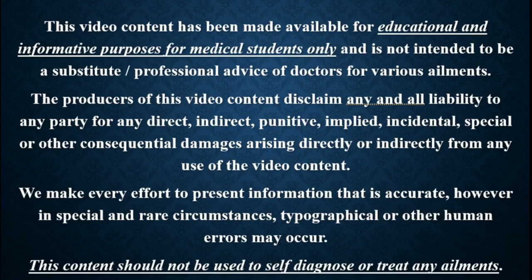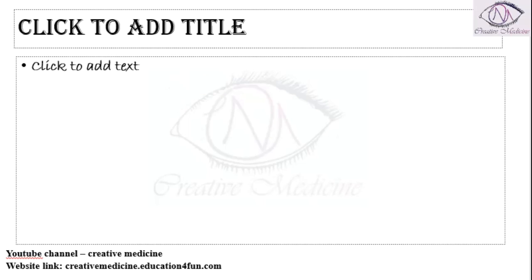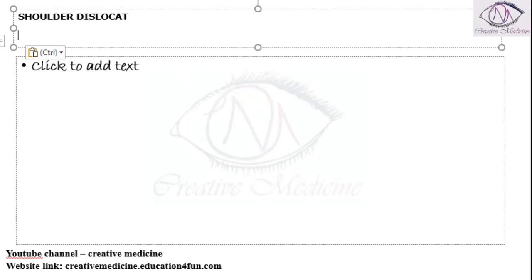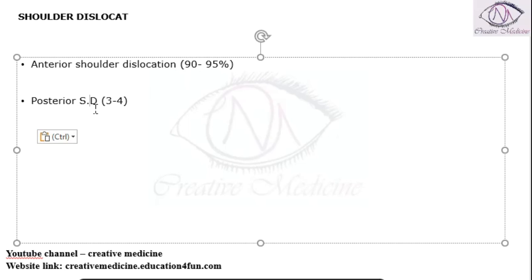In this lecture, we will learn about shoulder dislocation. In shoulder dislocation, we have three types. We have anterior shoulder dislocation, which is the most common type, involving around 90 to 95%. We have posterior shoulder dislocation, which is seen in only 1 to 3 to 4%.